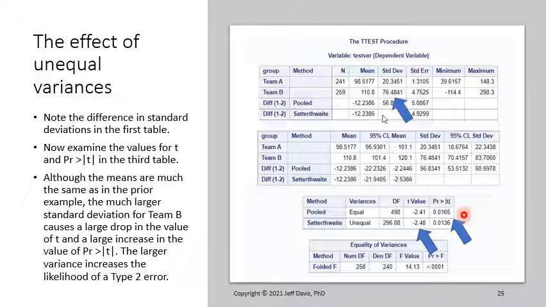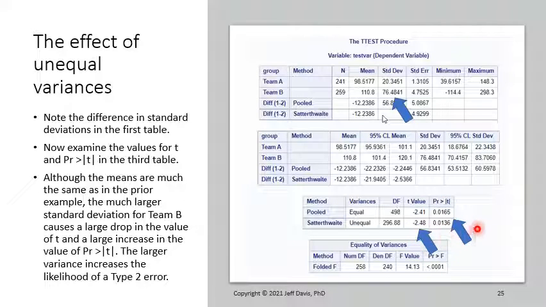It does cause a change in the conclusions. So in this case, what we could say is that this larger difference in standard deviations essentially increases the probability that we observe, and it decreases the t-value.